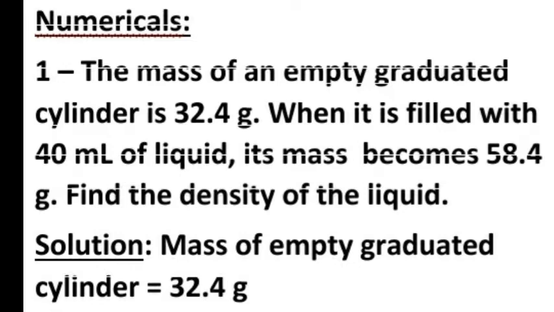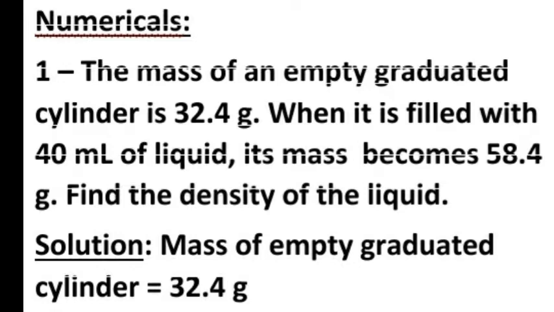Now this is your class assignment and I have solved this for you. Now the numerical is: the mass of an empty graduated cylinder is 32.4 gram, and when it is filled with 40 ml of liquid, its mass becomes 58.4 gram. Find the density of the liquid.